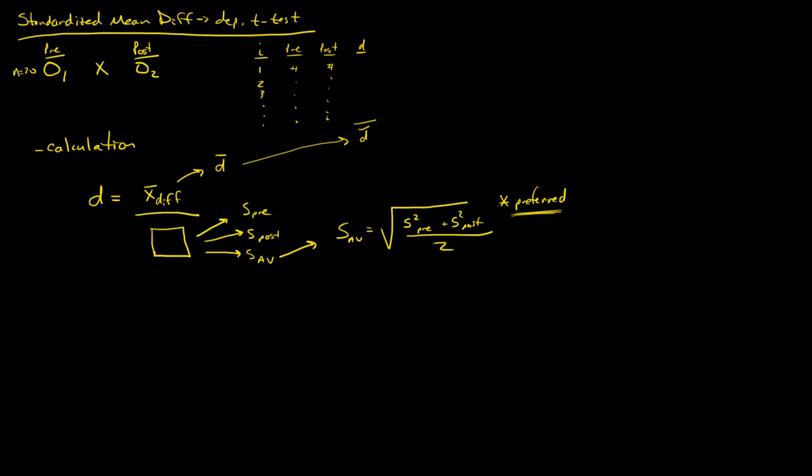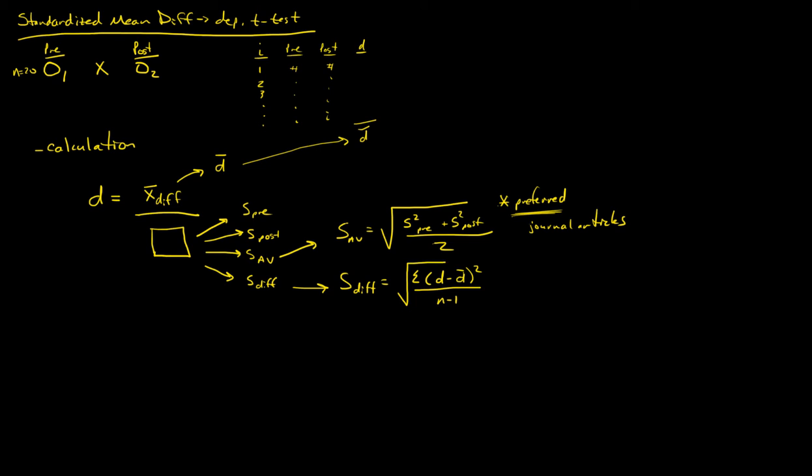I'm not going to show you this way because most textbooks actually don't have it. You'll see this method in journal articles, but in the textbooks you'll probably see this other way, which is what we call the standard deviation of the difference scores, which would be S diff equals the square root of the sum of the raw difference score minus the mean of the difference scores, squared, divided by n minus 1.